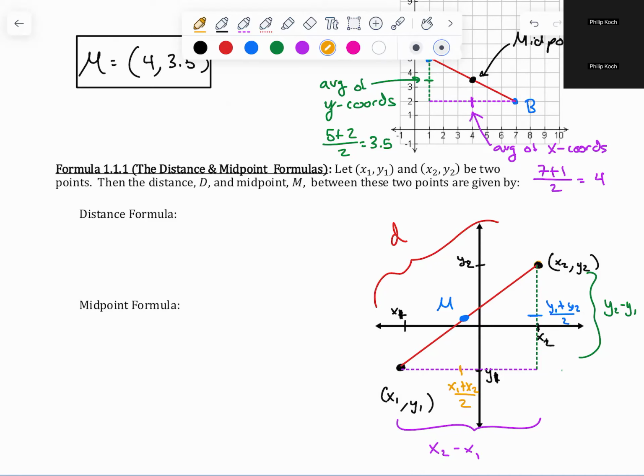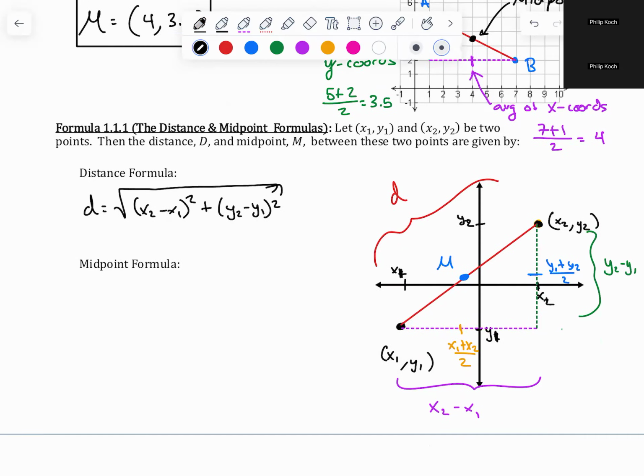So the distance formula, which you'll be provided on exam 1, says that the distance d is equal to the square root of x sub 2 minus x sub 1 quantity squared plus y sub 2 minus y sub 1 quantity squared. And the midpoint formula, capital M, is equal to the coordinate point x sub 1 plus x sub 2 divided by 2, comma, y sub 1 plus y sub 2 divided by 2.